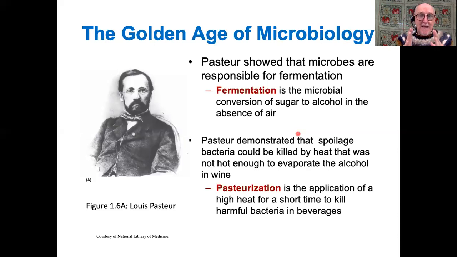If you did that and kept it there for some minutes and then allowed it to cool and protected it from recontamination, you could kill off in the wine juice the bacteria which cause spoilage and leave alive those which were the useful fermenters.